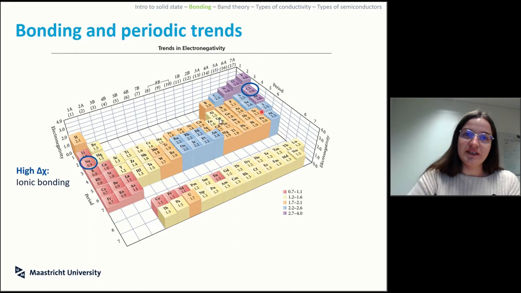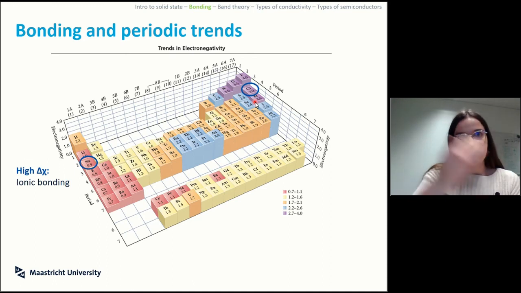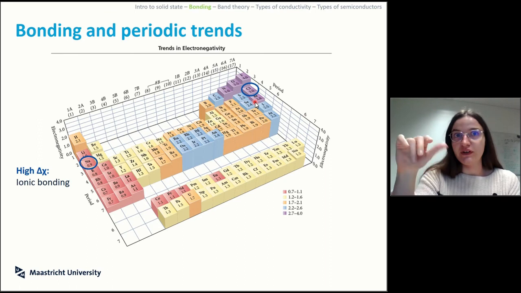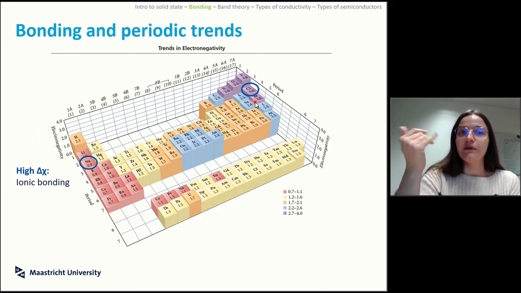Now, the difference in electronegativity in materials that end up being ionically bonded is usually very high. So if you have sodium and chloride, they're at two different sides of the periodic table. The electronegativity trend goes in that direction. So if they have a huge difference, then they would prefer to be ionically bonded.